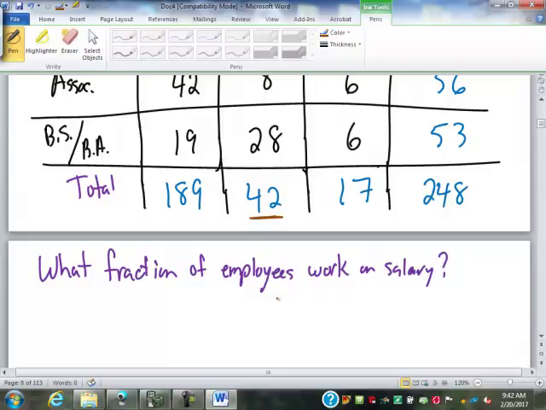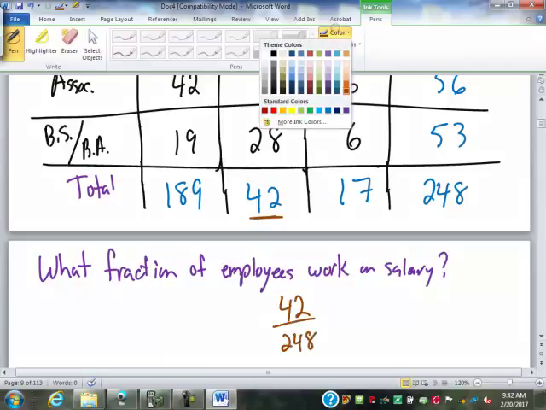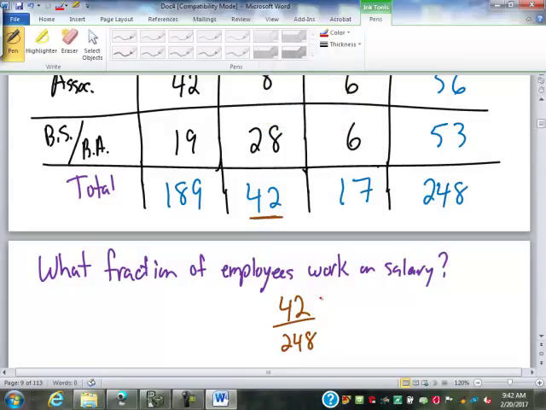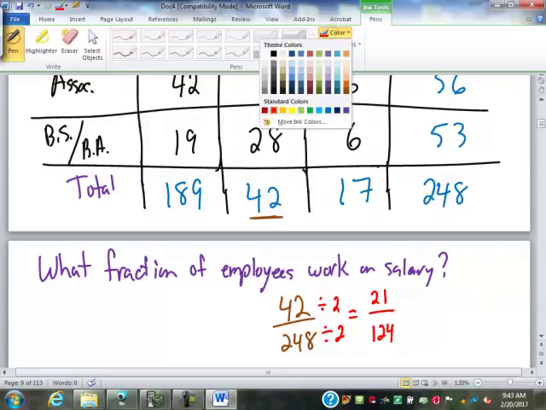There's 42 that are on salary out of 248 total. Both of those numbers can be divided by 2, which gives us 21 over 124. As promising as that looks, that's as far as we can take it. So 21 over 124 is the fraction that works on salary.